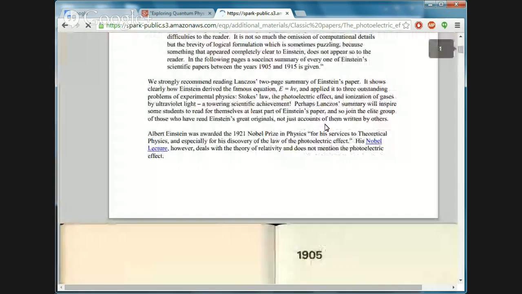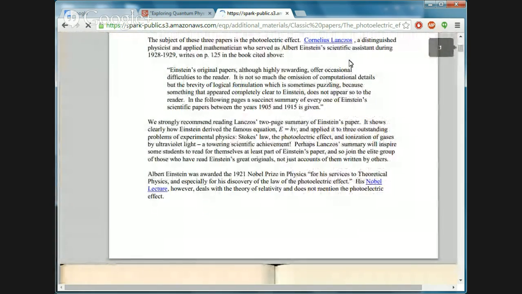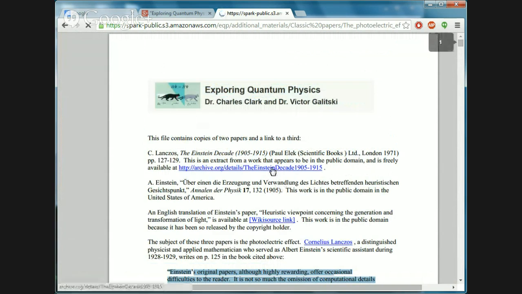Let me see, where does he quote? Here's what Lanczos says in his original: although I offer occasional difficulties to the reader, what appeared completely clear to Einstein does not appear to be so to the reader. But this book, which you can find free on the internet, contains these summaries.